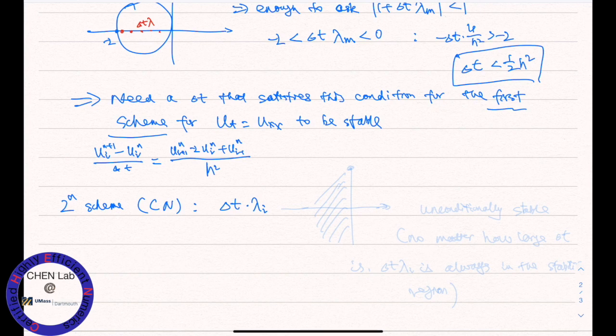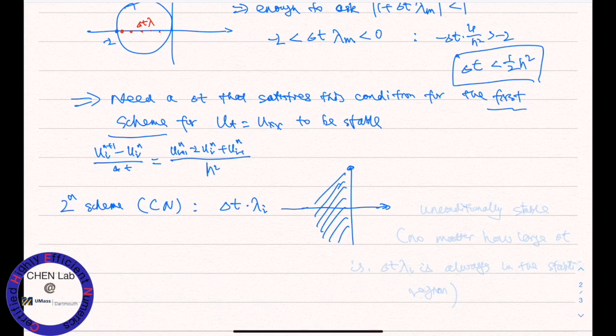We have a new stability region because we have a new ODE solver. Because the Crank-Nicolson scheme is unconditionally stable, we need delta t lambda I to be in the left half of the plane.